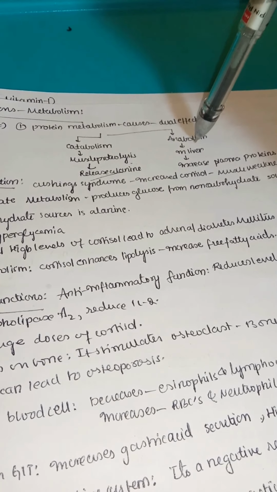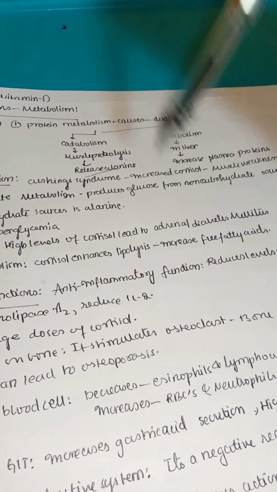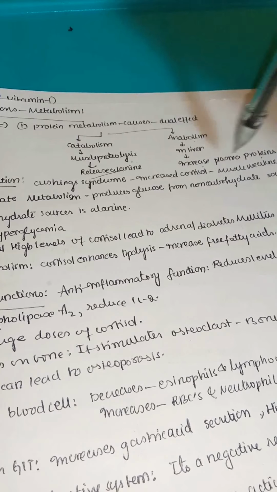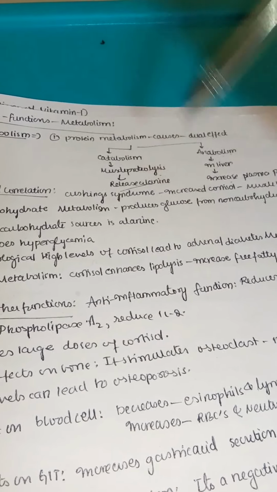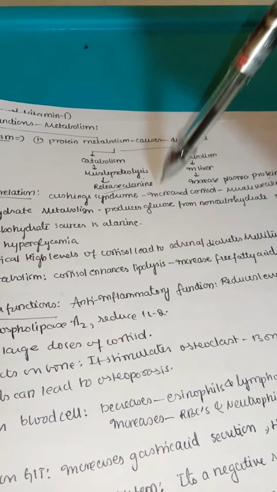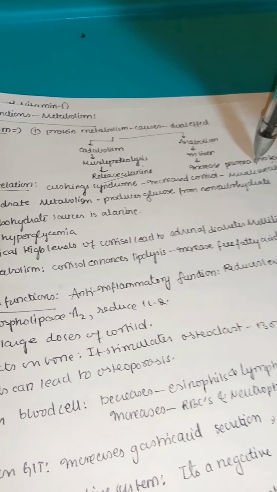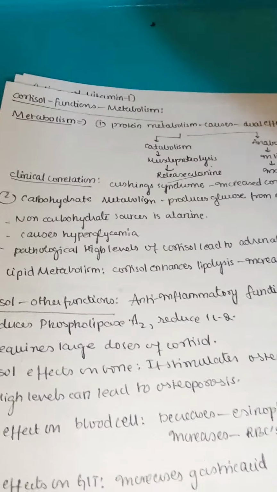And next, another function is anabolism. It is taking place in the liver. What it does is increase the plasma proteins. So you can see here, what mainly cortisol is doing in protein metabolism is increasing the protein, because here in the muscle it's proteolyzing and increasing alanine, and here in anabolism also in the liver it is increasing mainly plasma proteins. So proteins are increased by cortisol in protein metabolism.